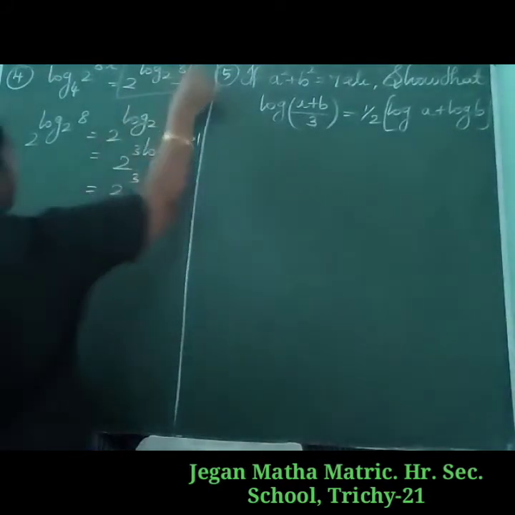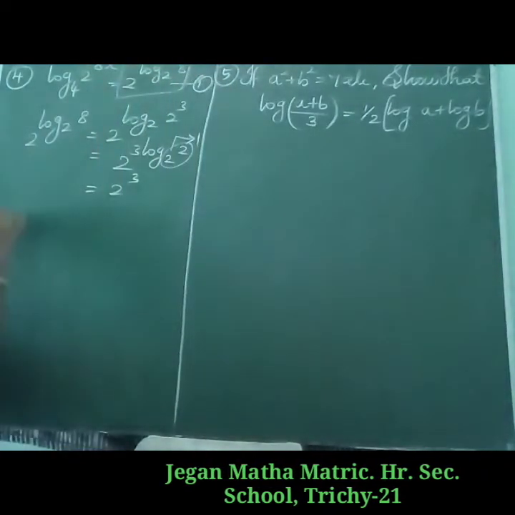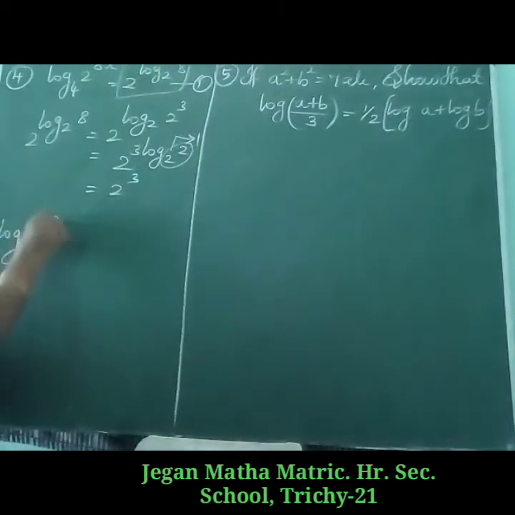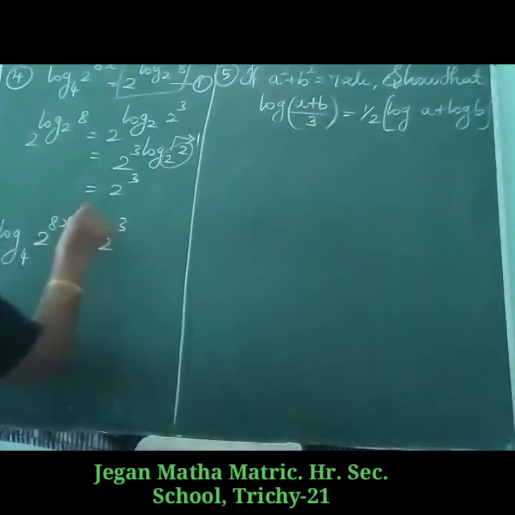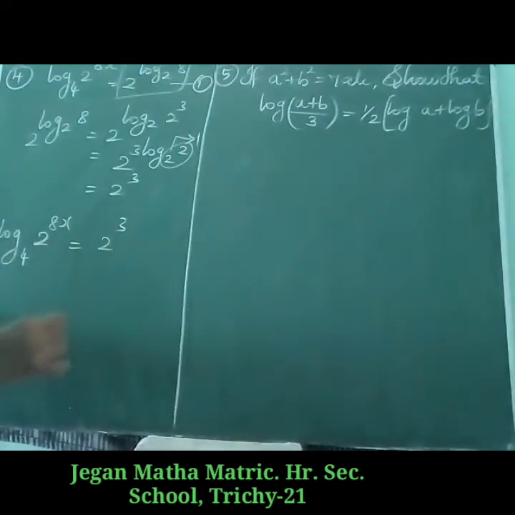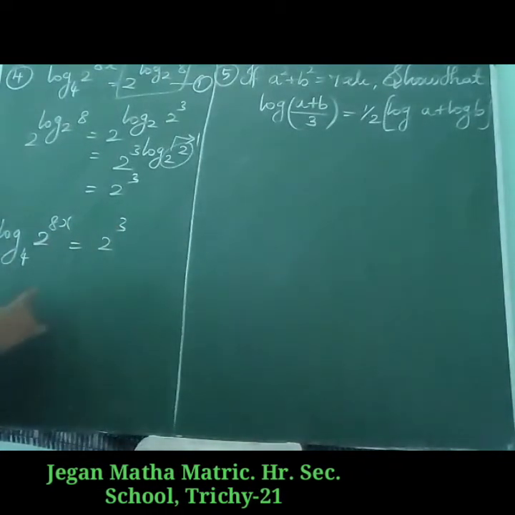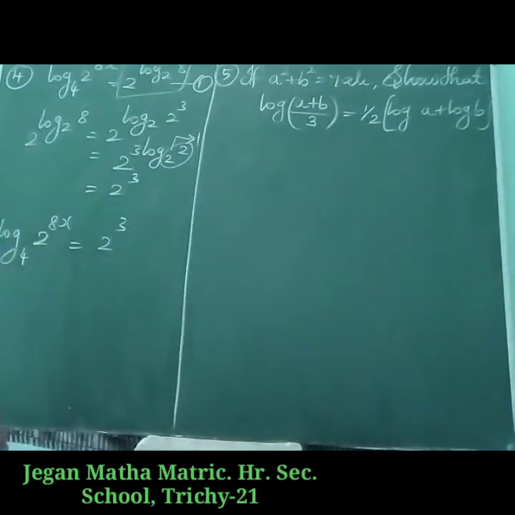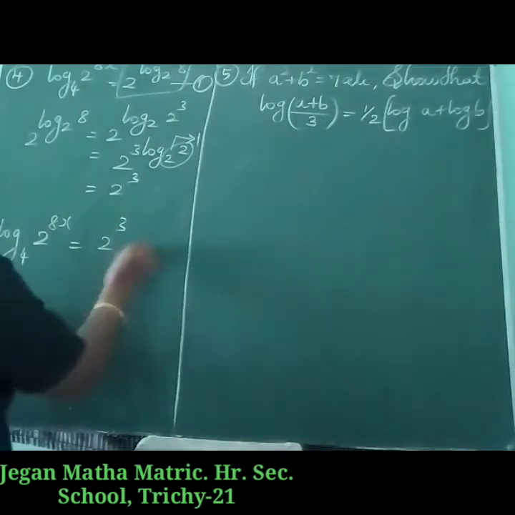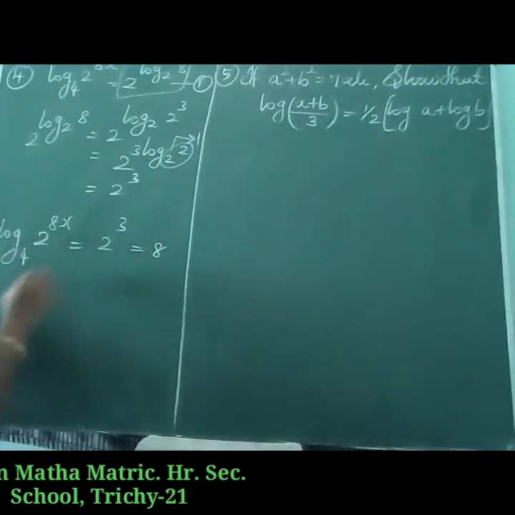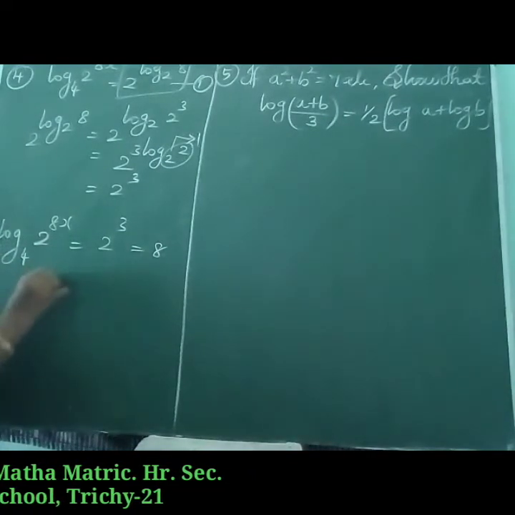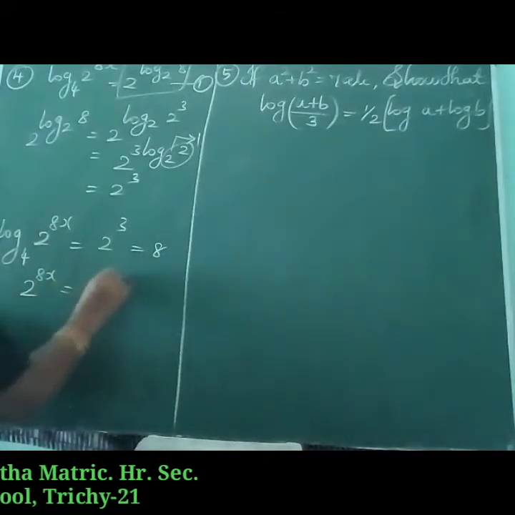So now in the question, we can replace the value: log 2 power 8x to the base 4 equal to 2 cube. Now 2 cube is equal to 8, means if we cancel this log function, we will write 2 power 8x equal to 4 power 8.